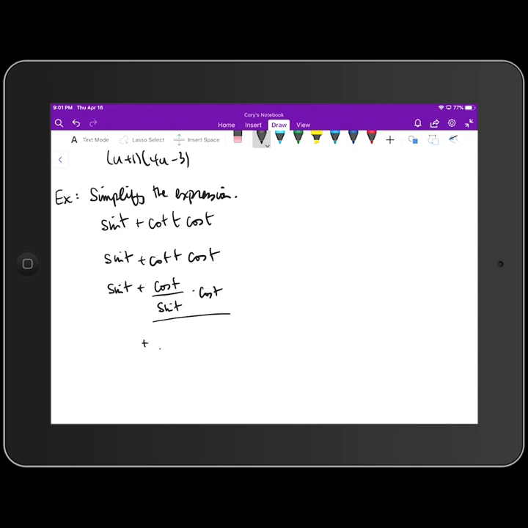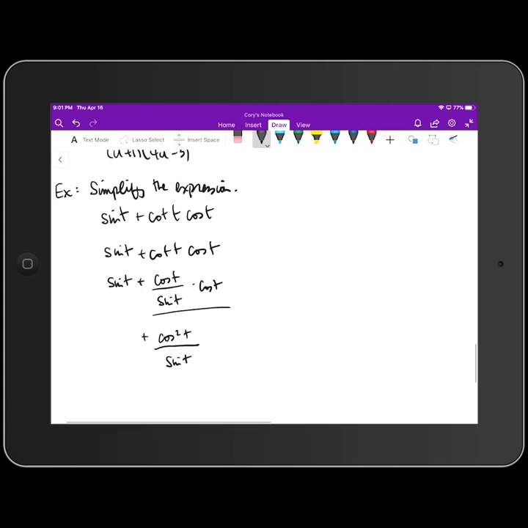So cosine times cosine is cosine squared over sine. And then to that, we're going to add the sine of t. Again, I want to try to simplify this. So what I can do to simplify this now is I can go ahead and add the two fractions.